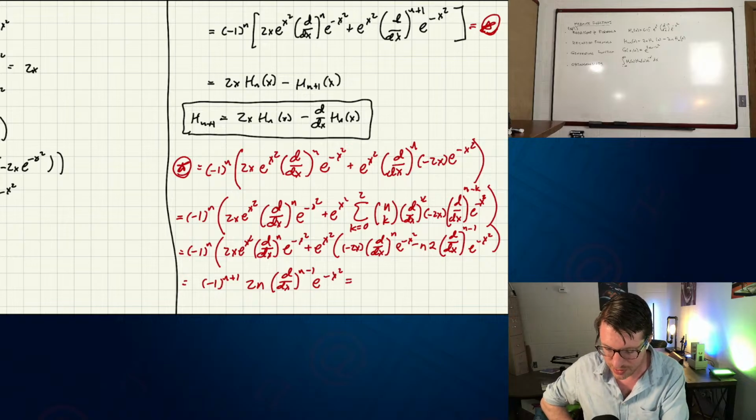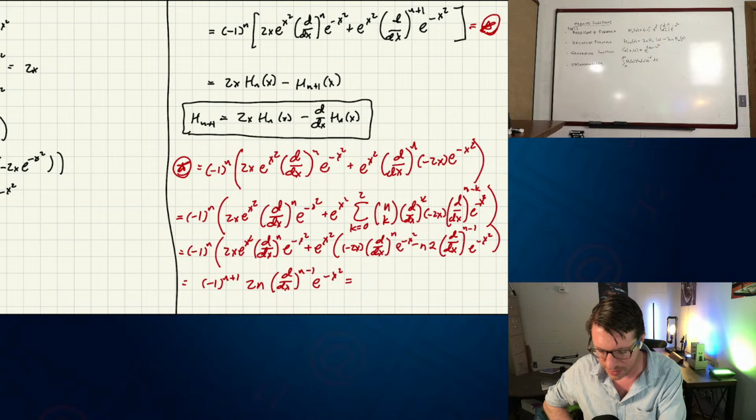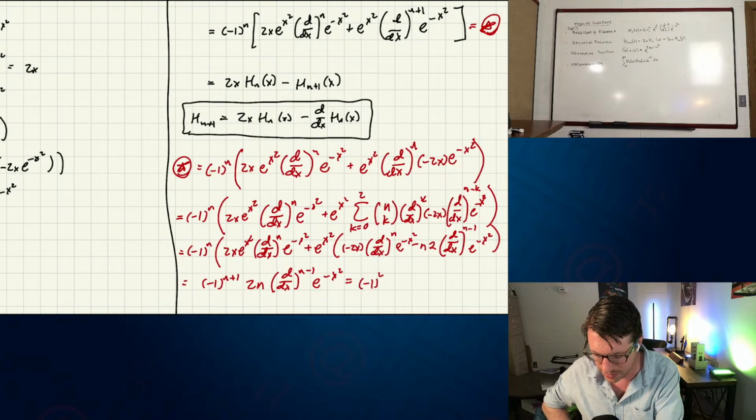Or e to the minus x squared. Yeah, okay. All right, so then we want to make it match up, so we could take a -1 squared out, and so now we're going to have 2n -1 to the n minus 1 d by dx.